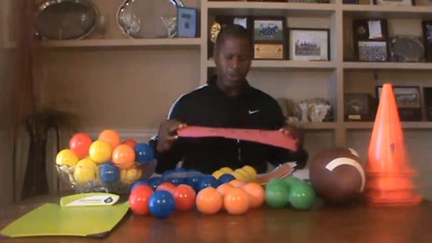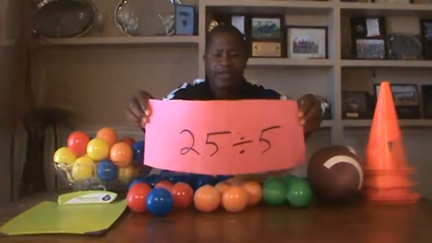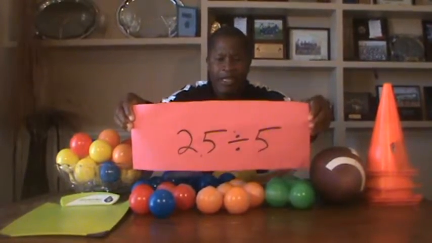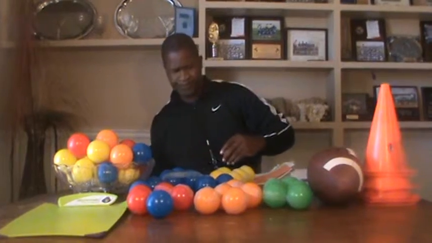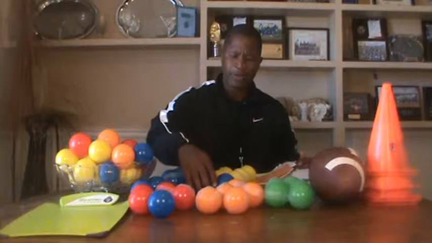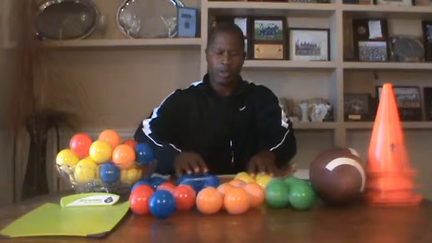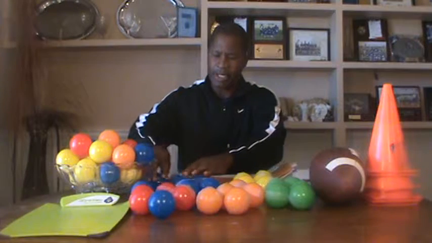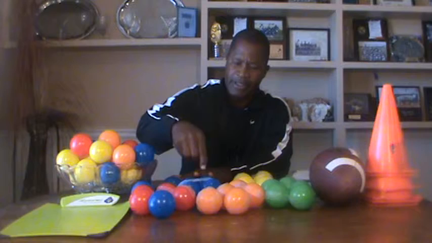Now, next, we have a bigger number. 25 divided by 5. How many times does 5 go into 25? I'm going to count it, okay? 1, 2, 3, 4, 5, 6, 7, 8, 9, 10, 15, 20.